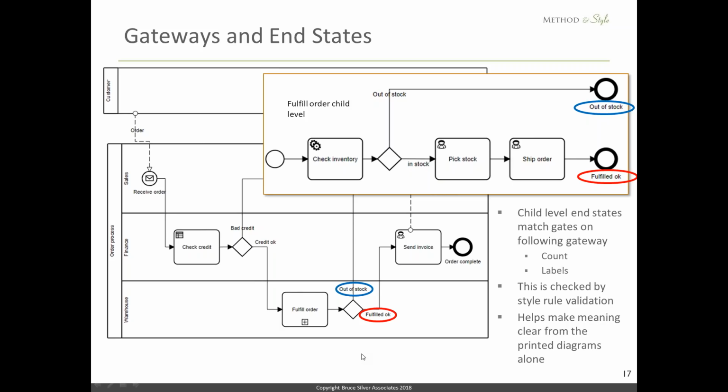By having these really mechanical cues linking, so, oh, out of stock or fulfilled okay, what does that mean? Oh, when we go down the child level, we see, okay, those are the ones that take this path. Now I understand, because it uses these names. This path in the parent corresponds to this path in the child. So that's part of the mechanism of method and style.